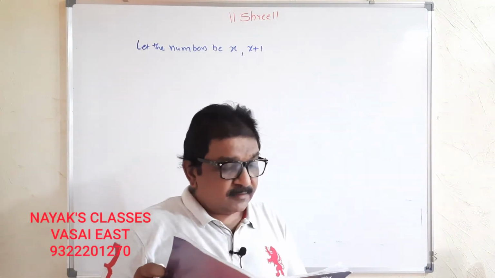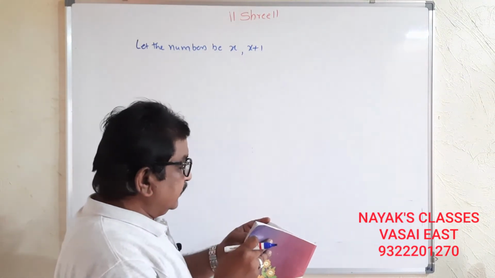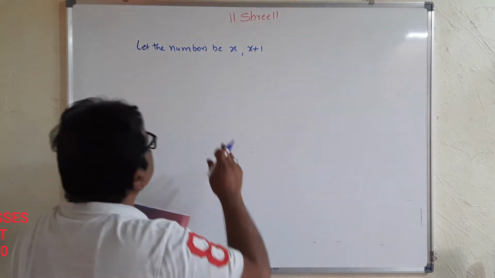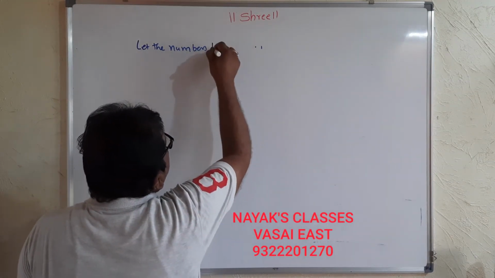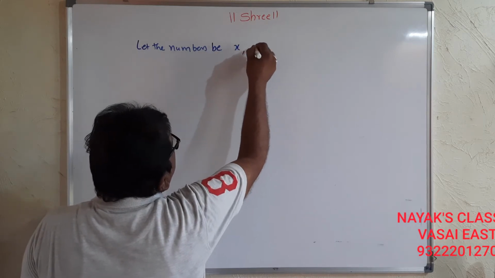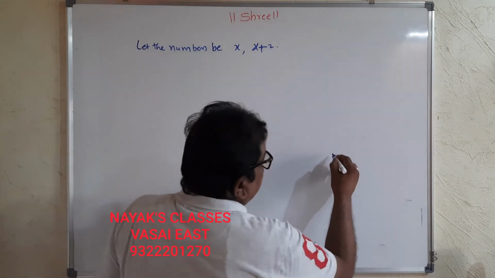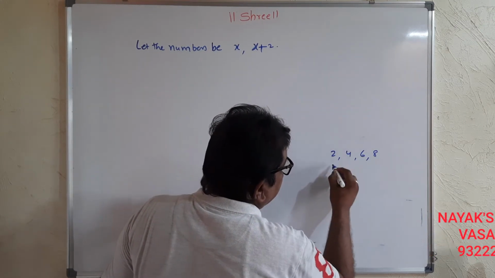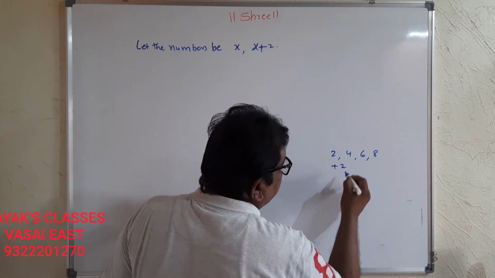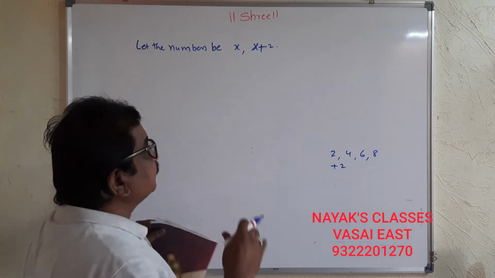But here, consecutive even natural numbers, 2, 4, 6, 8, so the difference is 2. So it gives x and x plus 2.